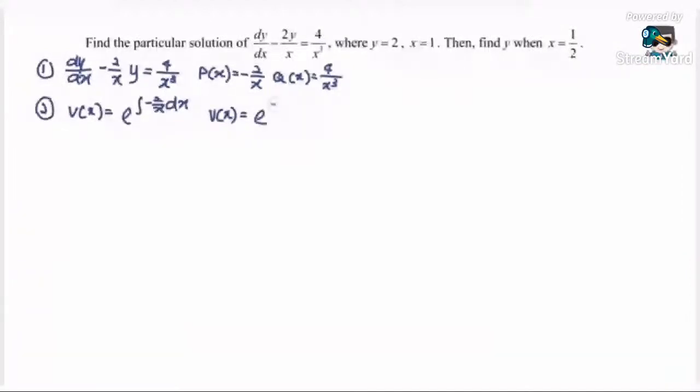Simplify the situation, we will have e to the power of ln x power of negative 2. If we simplify this situation, we will obtain V(x), or the integrating factor, is equals to 1 over x square.